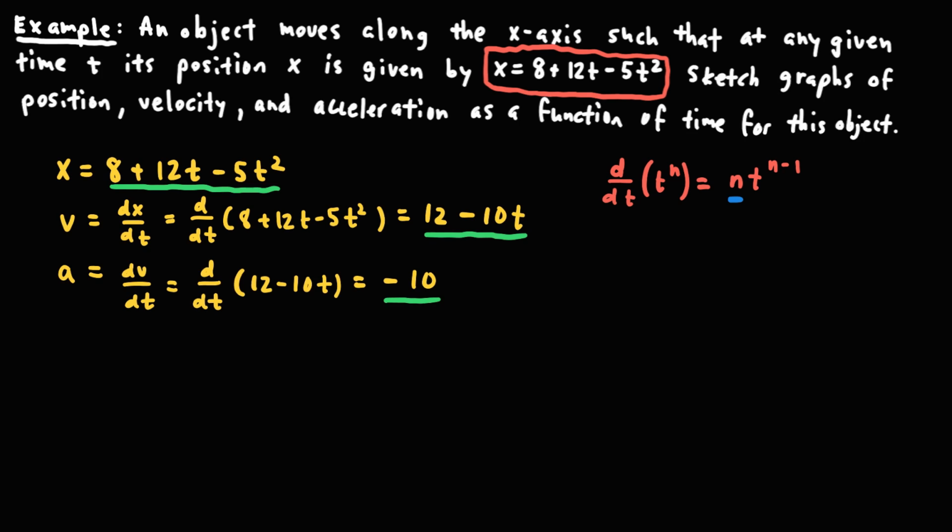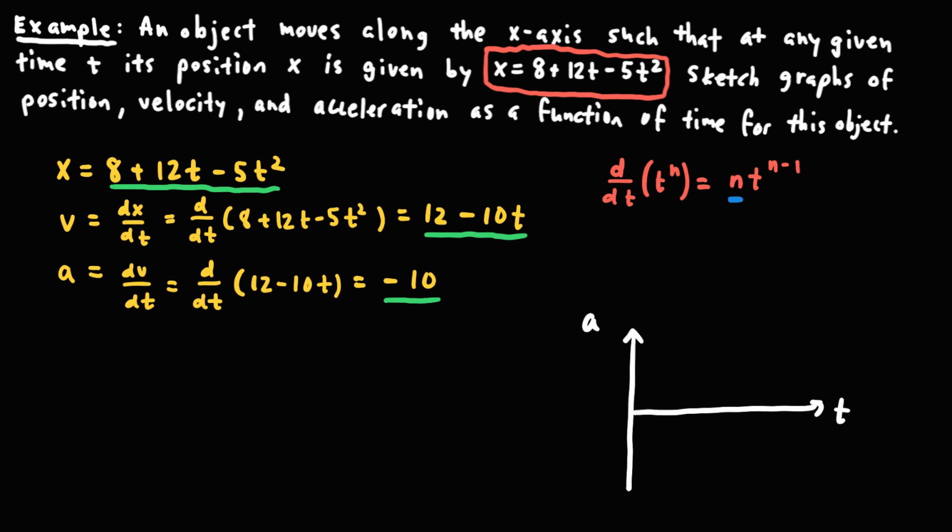I'm going to start with the acceleration graph because I think it's going to be the easiest. So here I'm sketching the axes for the acceleration versus time graph. What I notice about the acceleration is that in the equation for the acceleration, there's no time dependence. There's not a t in the equation. When I took the derivative of the velocity equation, it went away.